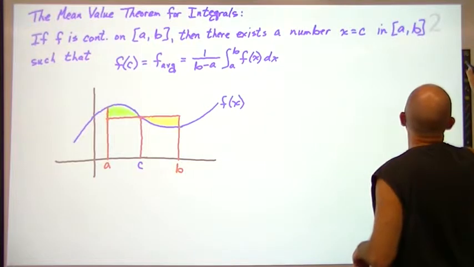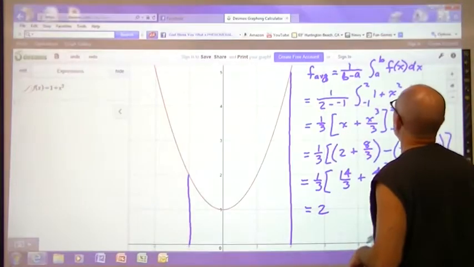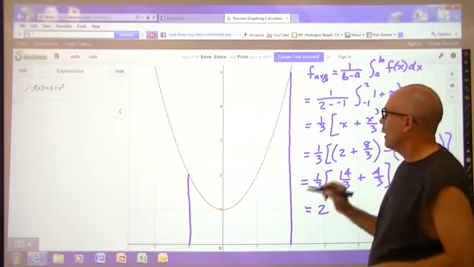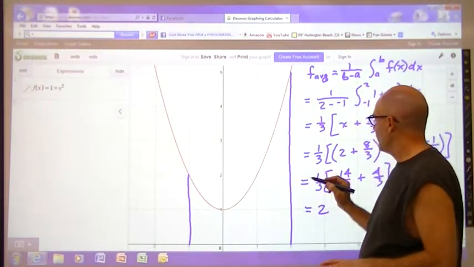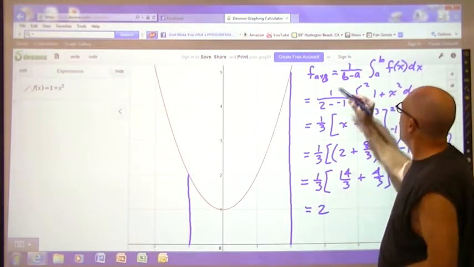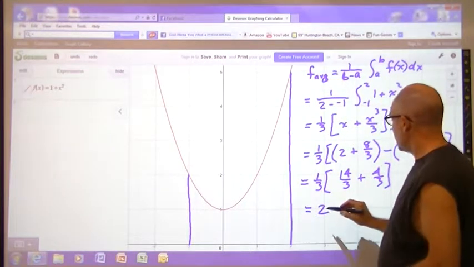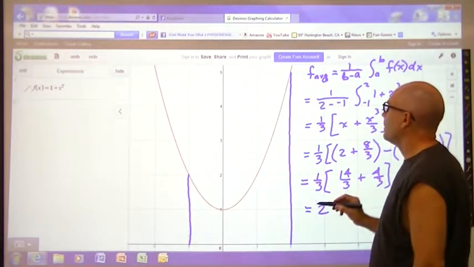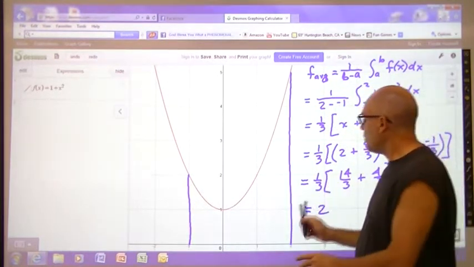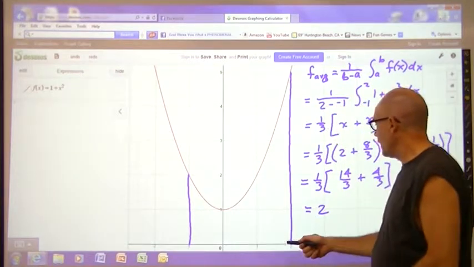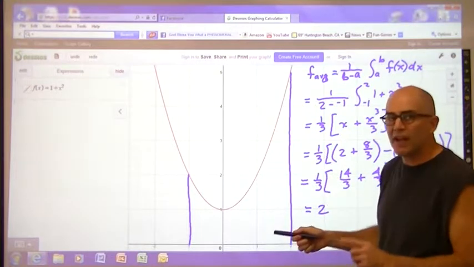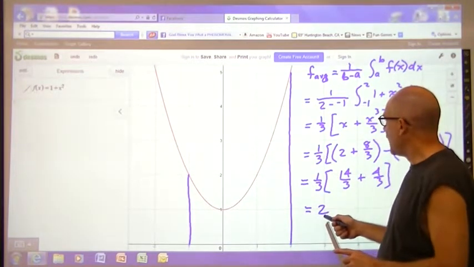Now what we're going to do is go back to the example problem that we just did here, and we're going to say, where is the c value that we're promised. So we found out that the average value of this function is 2. Now, the mean value theorem for integrals says that somewhere in between x equals -1 and x equals 2 will be an x value where we have a height of 2.